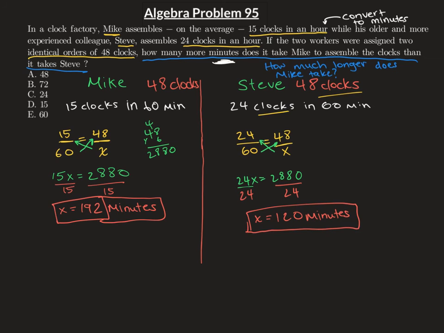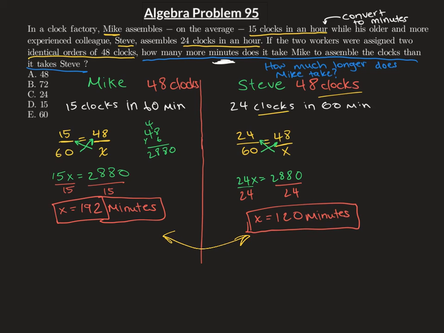We'll break the question down into easier terms. So we take the amount of time Mike took, and subtract the amount of time Steve took. Let's draw a little arrow to show that we are now using both people.